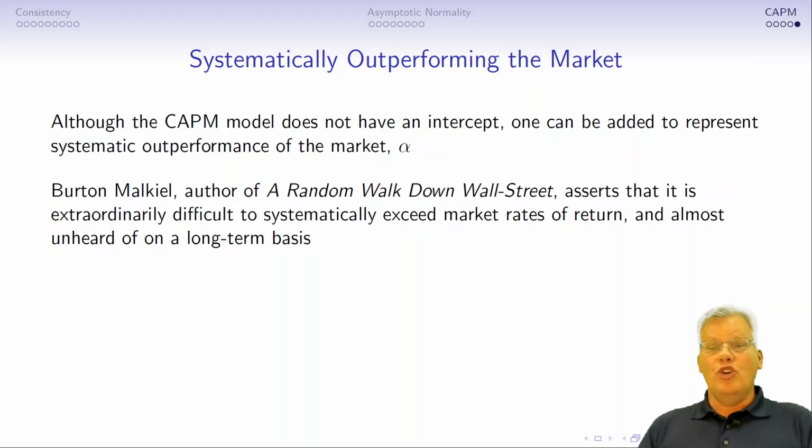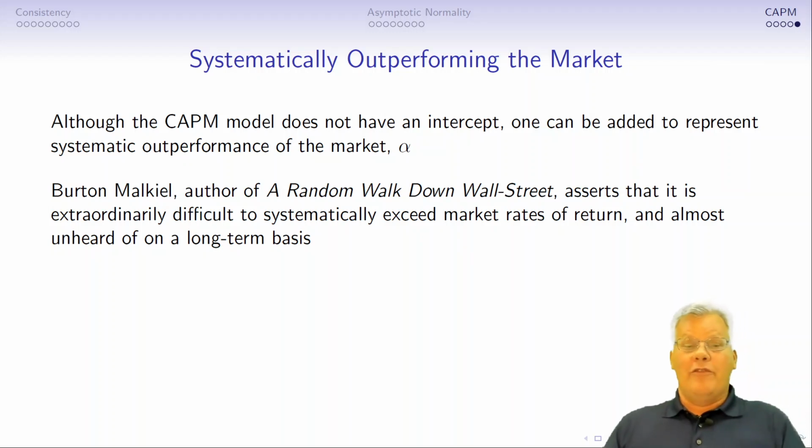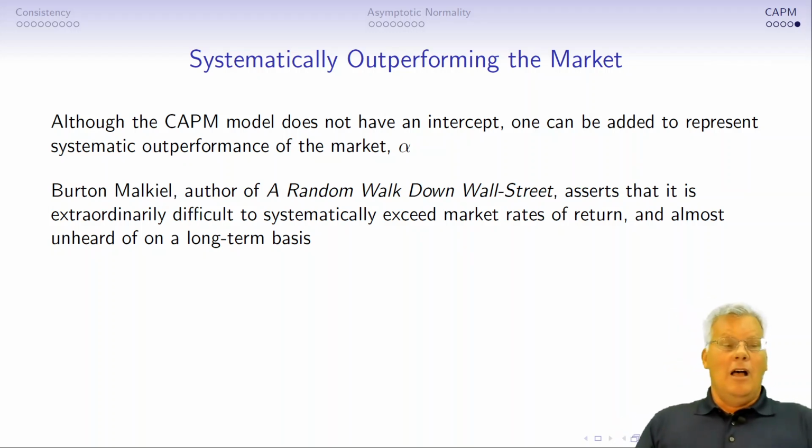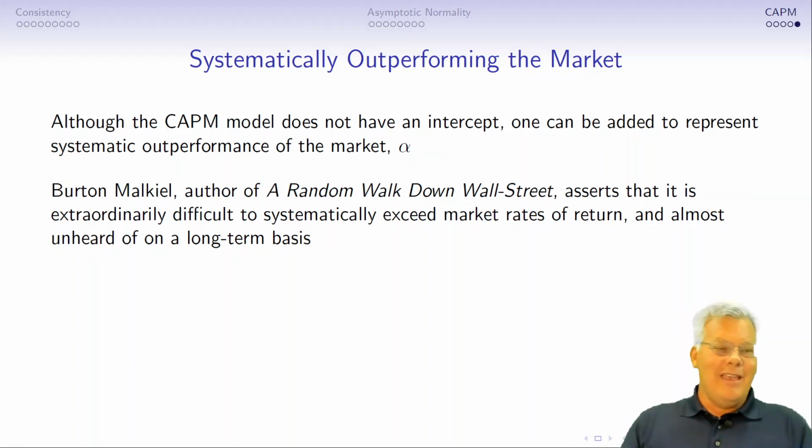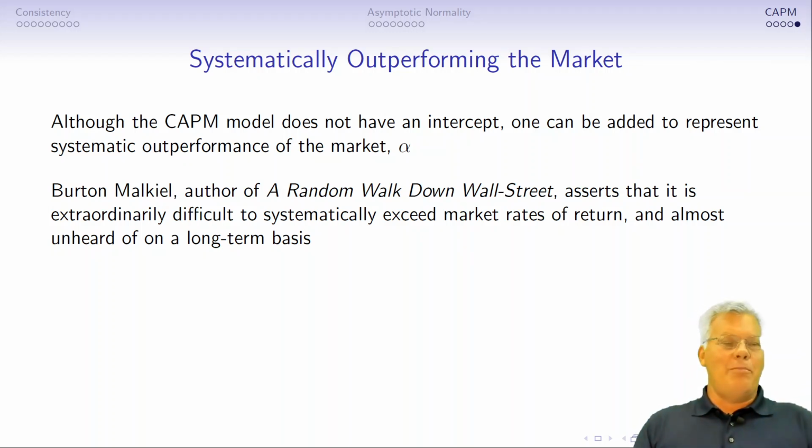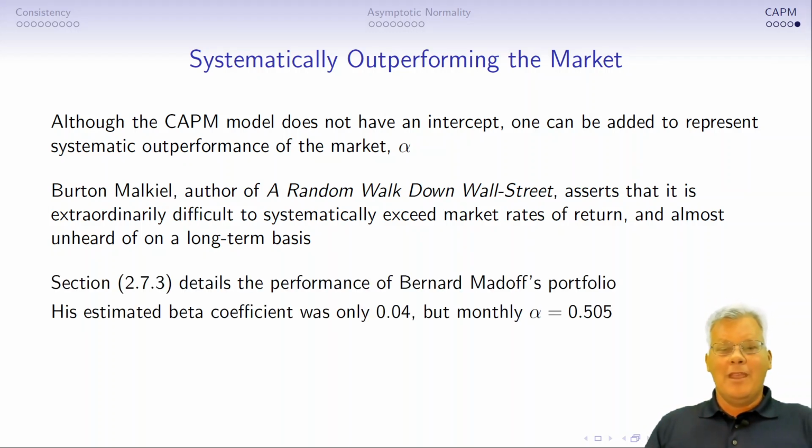If that is true, Malkiel claimed it was extraordinarily difficult, if not impossible, to systematically outperform the market rate of return. One could do it for maybe a month or two or a year, but it's virtually impossible to do this consistently on a long-term basis, month after month, year after year.